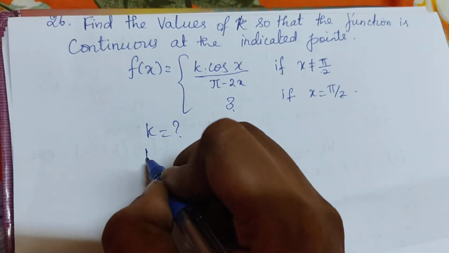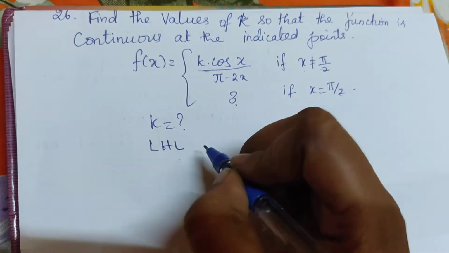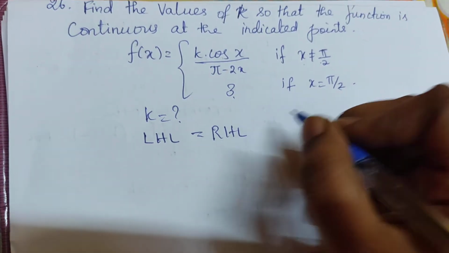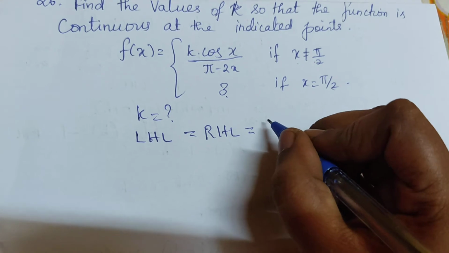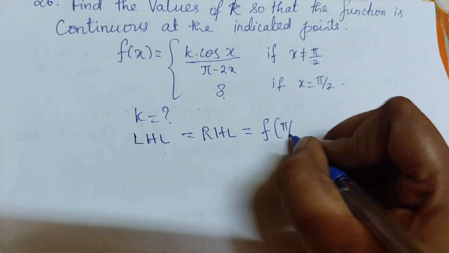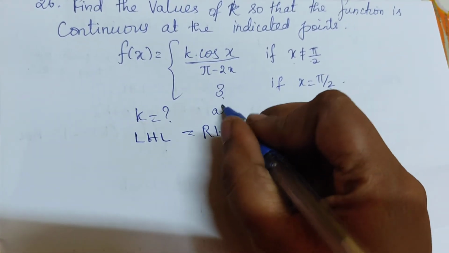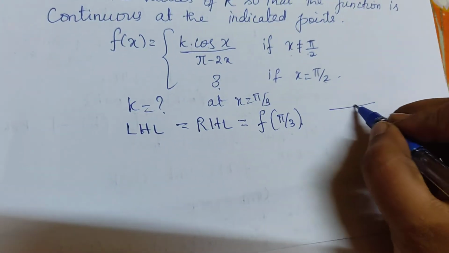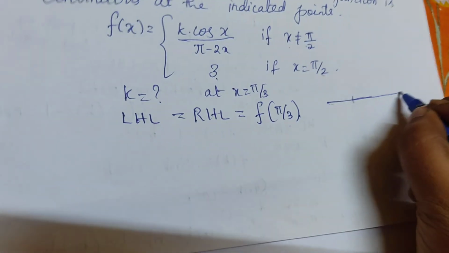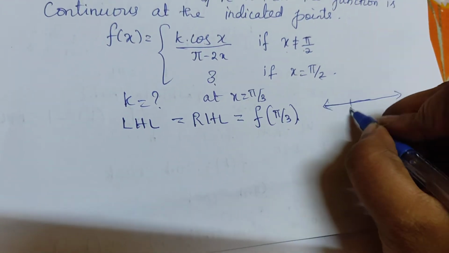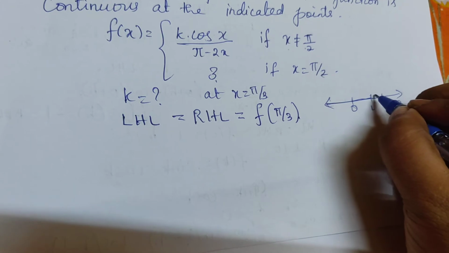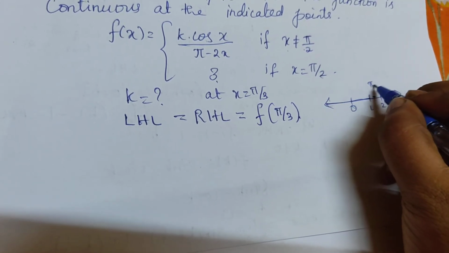Now we have to know the value of k. We are assuming the function is continuous, so left hand limit equals right hand limit, which is equal to the functional value at x equal to pi by 2. Say for example we have a real line, and we have the number pi by 2 here.